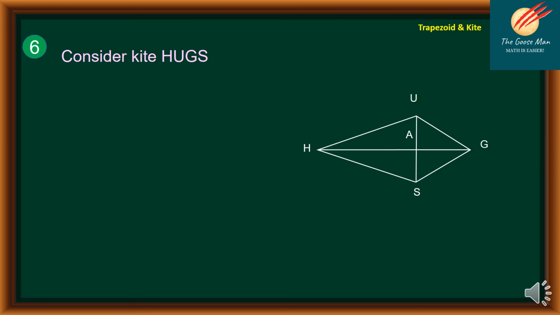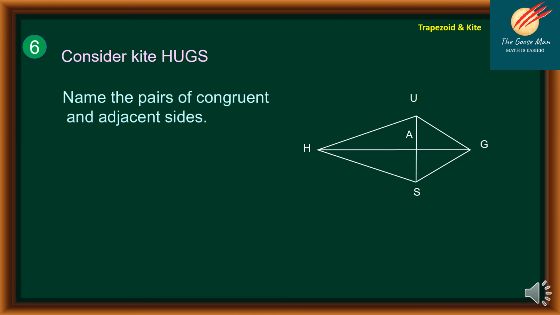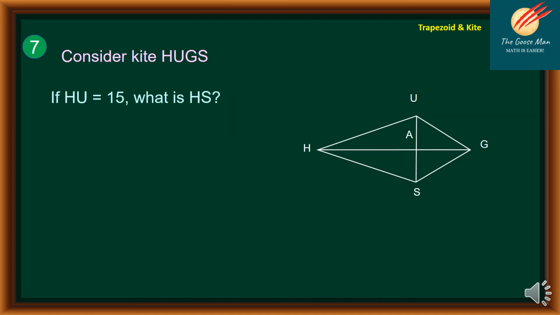So let's consider the kite HUGS. Name the pairs of congruent and adjacent sides. We have line segments HU and HS, and also line segment UG and line segment SG. Next, if HU is equal to 15, what is HS?